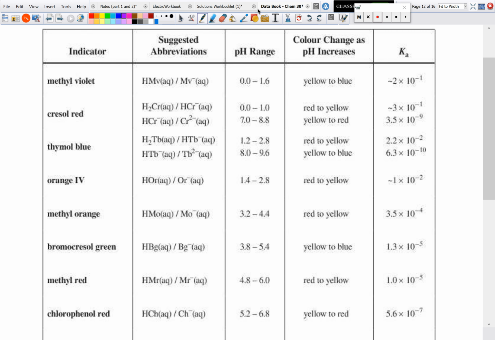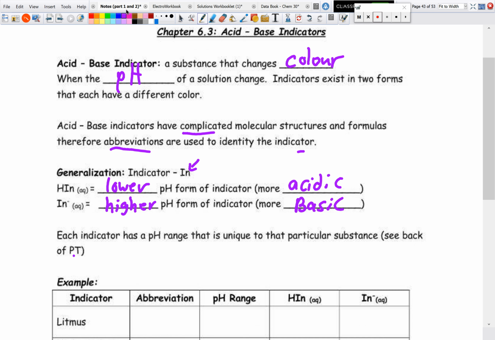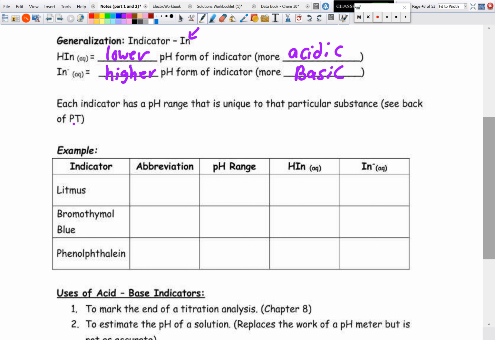Now, one thing you will notice is litmus is not on your chart, neither is it here, but I'll just show you. Litmus is Lt. Now, we know what litmus does. We can tell if something's neutral, acidic, or basic, but the pH range for litmus is between 6.0 and 8.0.